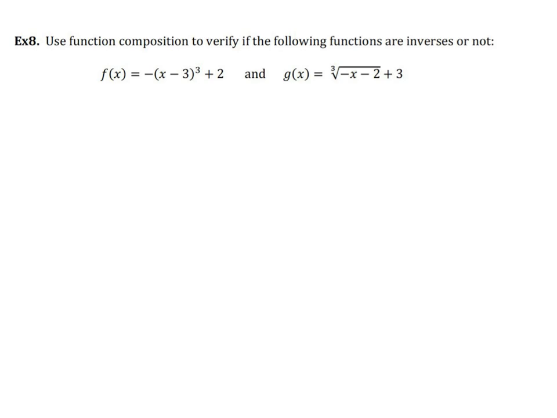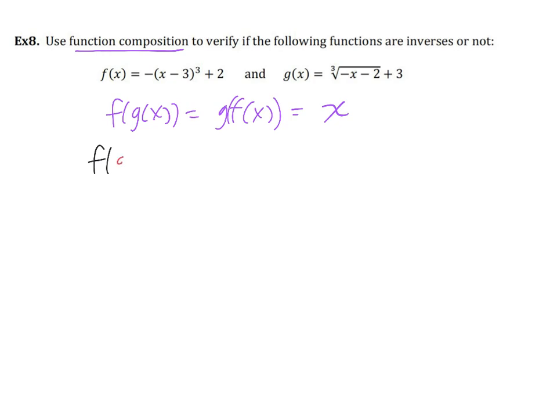And finally, how can we use function composition to verify if the functions are inverses? Well, remember, if f of g of x equals g of f of x, and both of those equal x, then the two functions are inverses of each other. So let's try f of g of x.